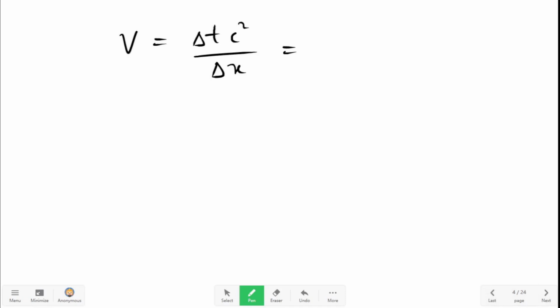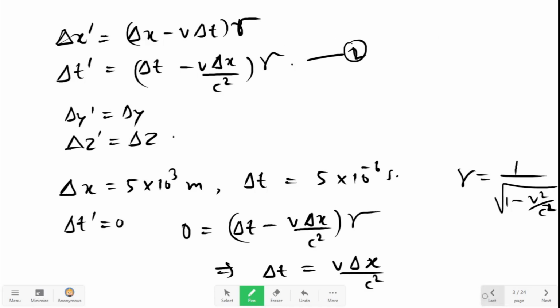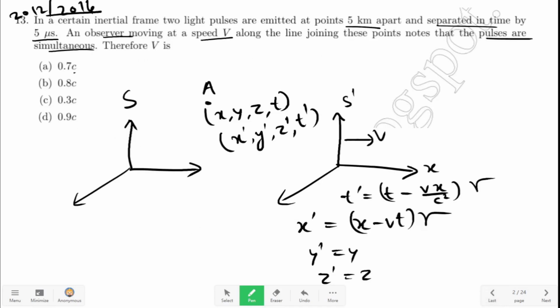This is equal to delta t, which is 5 into 10 raised to minus 6 seconds, and delta x, which is 5 into 10 raised to 3 meters, and we have c square here. I will write one c as 3 into 10 raised to 8 meter per second and keep another c as it is, because in the options we need the value in terms of c.